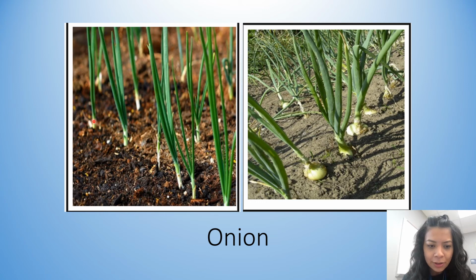But we don't see any onions growing from the ground just yet. On the other side, we see that the onions have already grown. They're already emerging from the dirt. And we see that the leaves got a little bit wider. They're still long and thin, but they're not as thin as these leaves. So this is the baby onion and this is the adult onion.